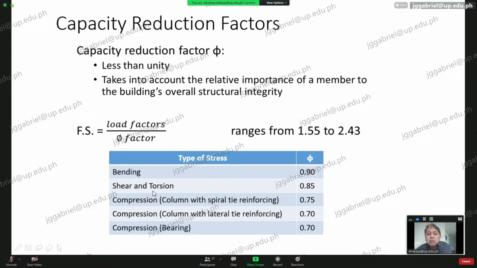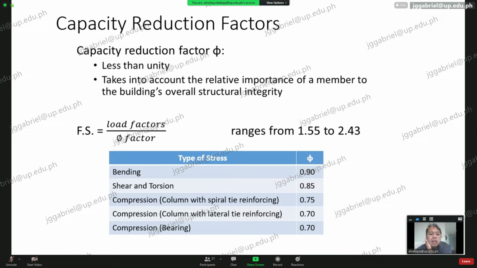For shear and torsion, you use 0.85. Compression for columns with spiral tie reinforcing, you have 0.75. And then with lateral tie reinforcing, 0.7. And then for compression due to bearing, you have 0.7 also.